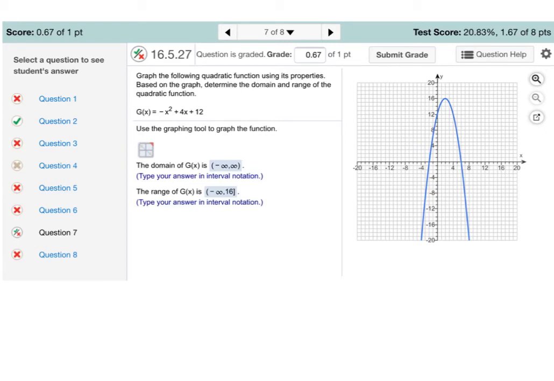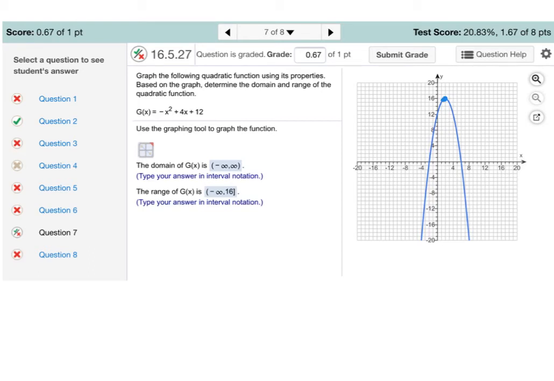Okay, for number 7, it says to graph the following quadratic function using its properties. Based on the graph, determine the domain and the range of the quadratic function. So this is similar to one that we just did before. Okay, so here, in order to graph, the first thing I need to determine is the vertex.